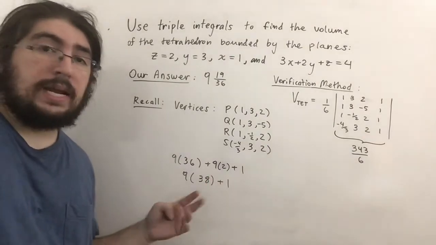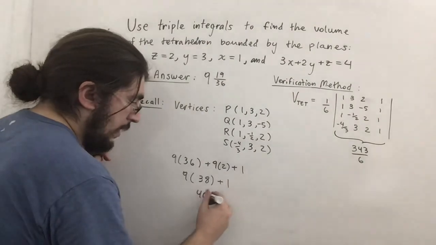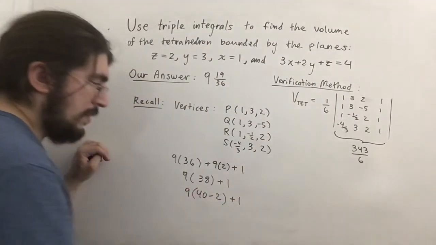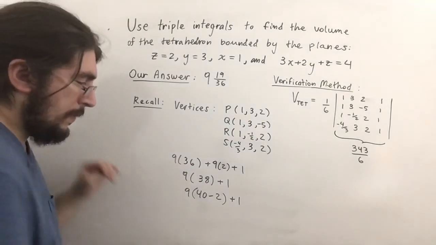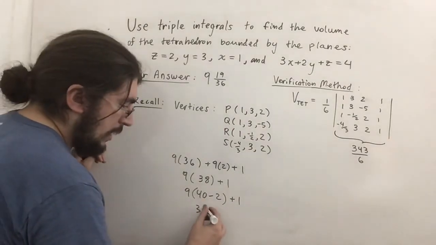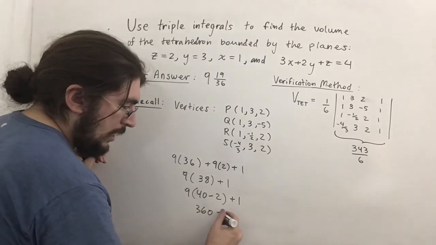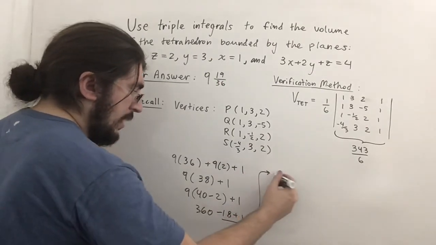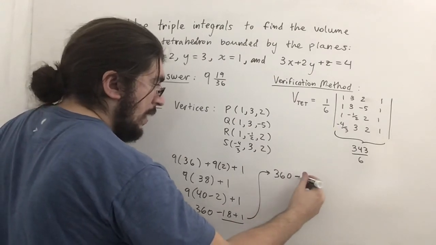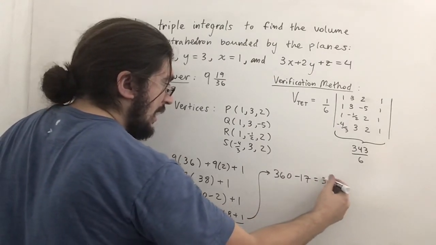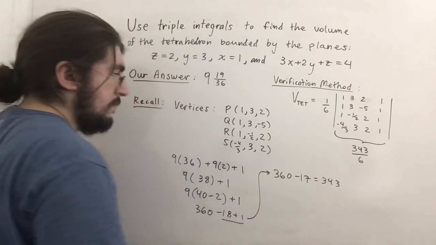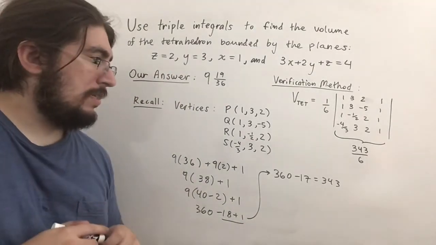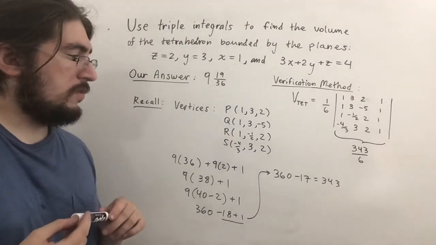Also notice 38 is 40 minus 2. I know this is really wacky, but this is kind of nice to see maybe. 9 times 40 is 360, 9 times 2 is 18, and then these two combine to negative 17, in fact. So we get 360 minus 17, and look at that, that is indeed 343, which, by the way, I think is 7 cubed, which is kind of interesting.